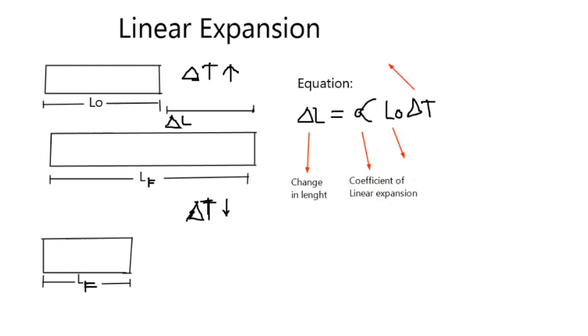Every object has a linear coefficient, maybe called the volume coefficient in the table. So this is the initial length, and this is basically the change in temperature. You can write it as final temperature minus initial temperature: change in temp.